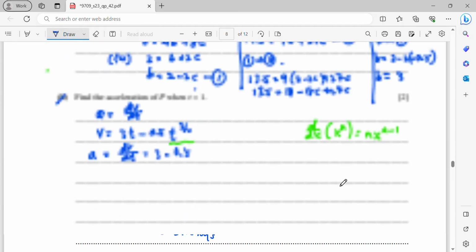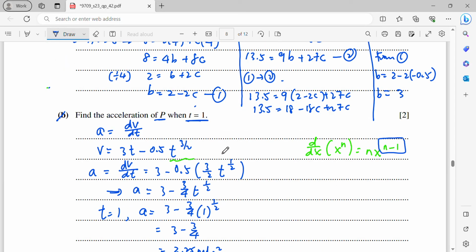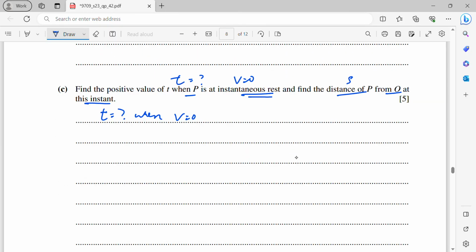Okay, so I need to refer back to my v. v is 3t minus 0.5 t to the power of 3 over 2. So when v equals 0, 0 is 3t minus 0.5 t to the power of 3 over 2.